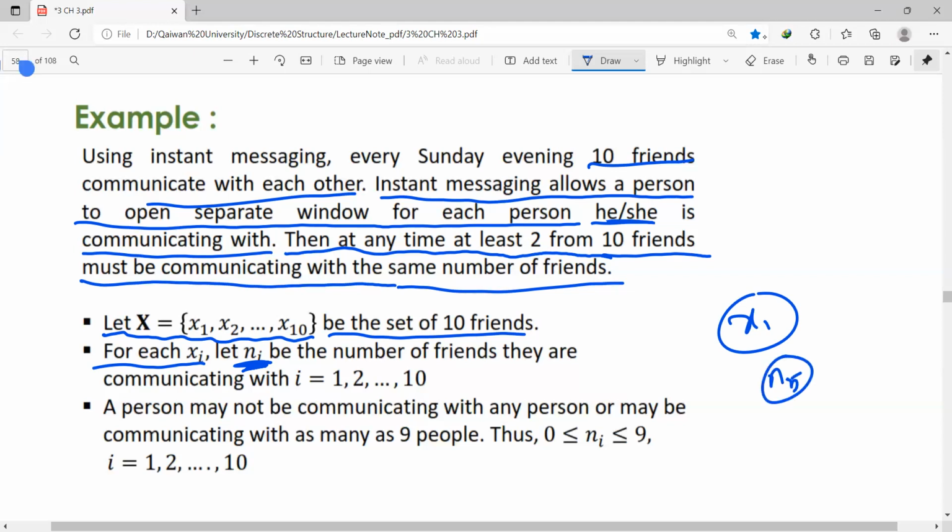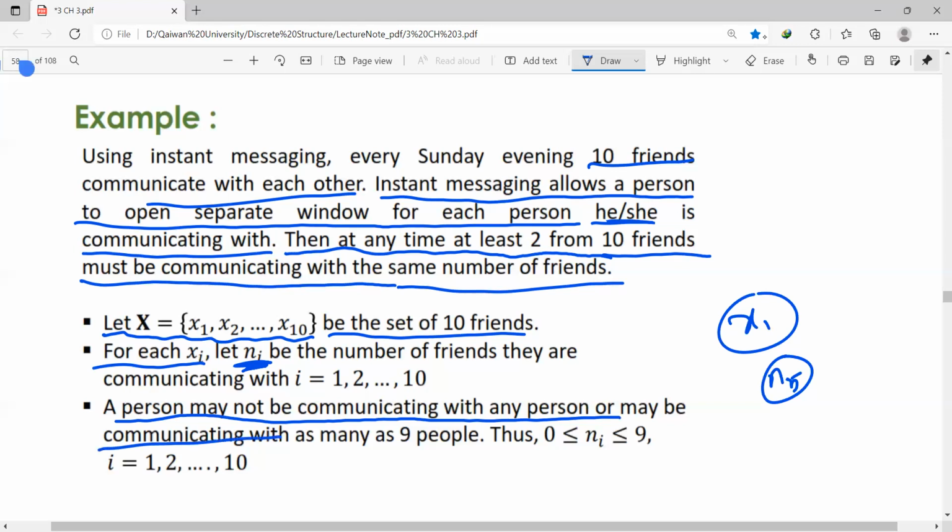That means here x1 is communicating with 5 of the friends. A person may not be communicating with any person. So it's possible that one of the friends is not communicating with any of them. That means here n is 0. You have n = 0 also.